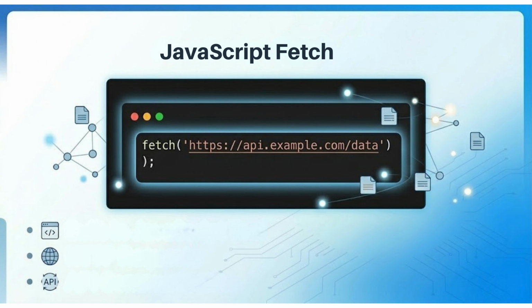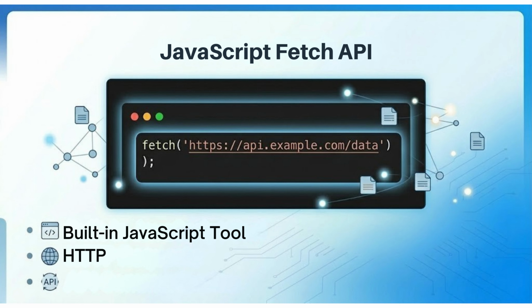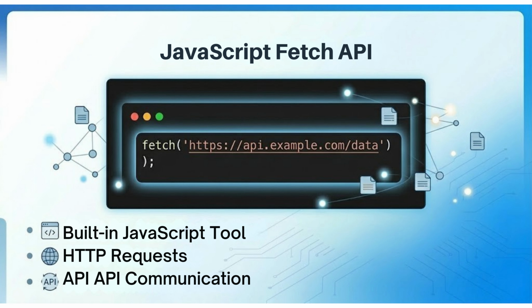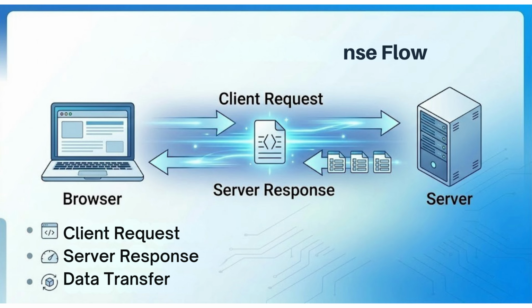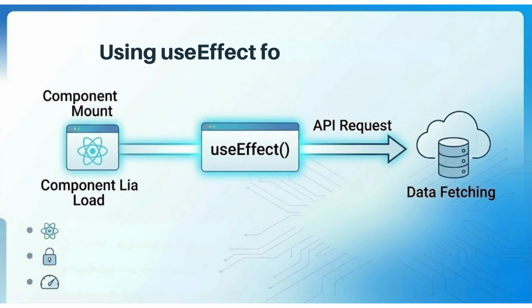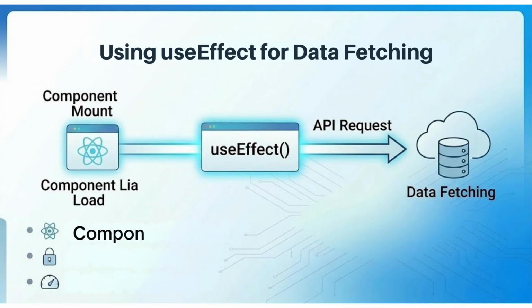JavaScript provides a built-in tool called the Fetch API, which allows us to send HTTP requests to a server. In React, these requests are usually triggered inside the useEffect hook, so the request runs when the component loads.